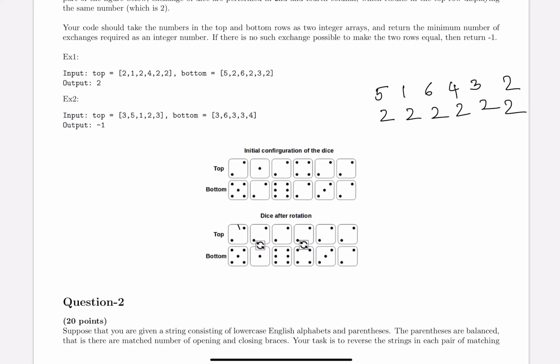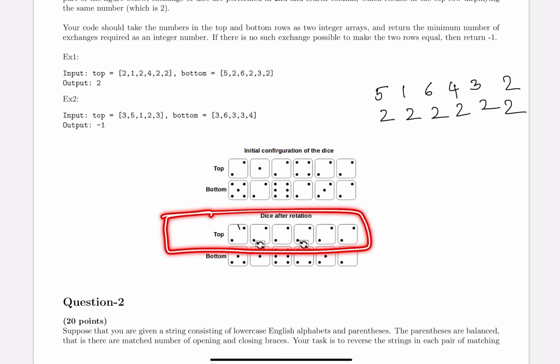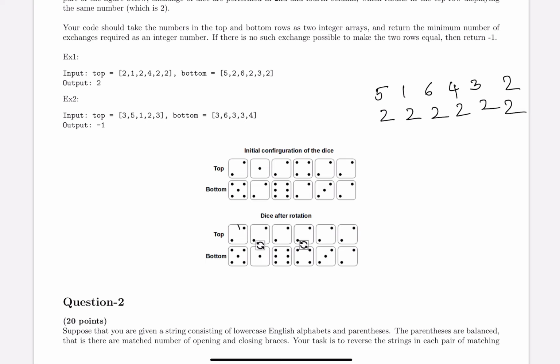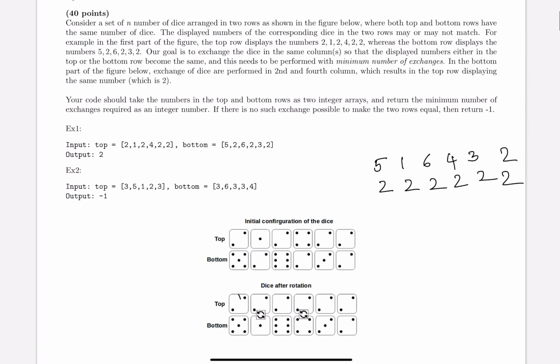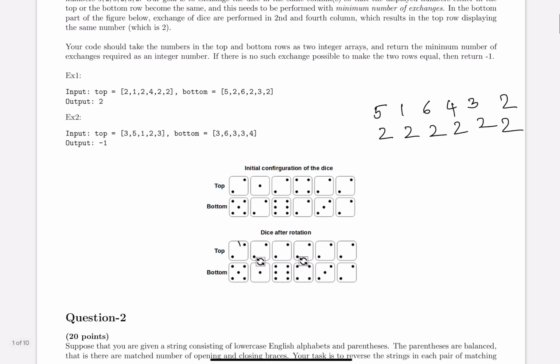So let's see what we have swapped: this and this. So there are 3 choices, and we have this choice. Here the top row is getting equal, and here the bottom row is getting equal. So you have to write the minimum number of exchanges. That's our goal. Our goal is to exchange the dice. So that is the question.